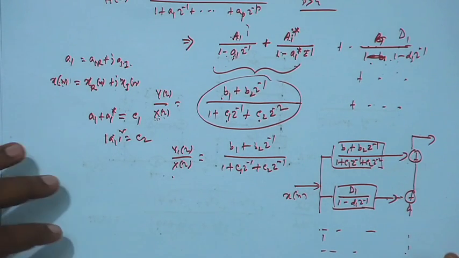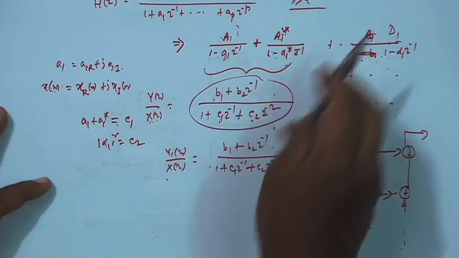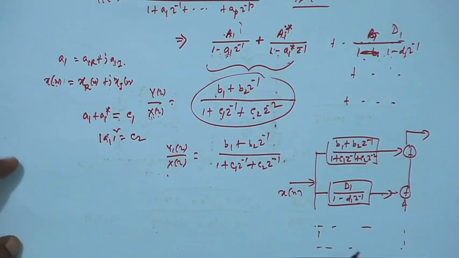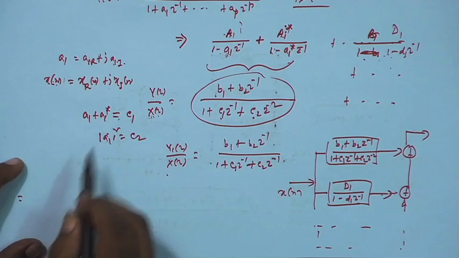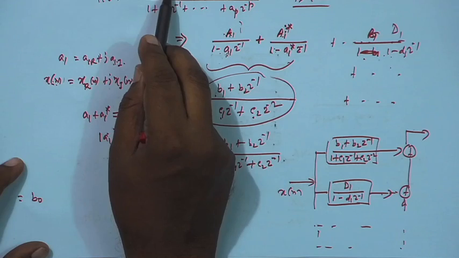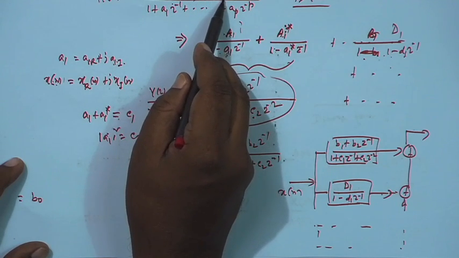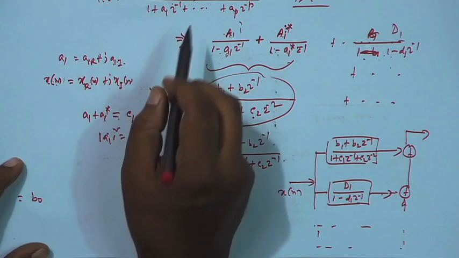Then there can be a cascade form also. Cascade form means instead of going for partial fractions, you go for a product. So, if you take B0 out, 1 plus B1 by B0 Z inverse, B2 by B0 Z inverse 2, up to BQ by B0 Z inverse Q, and factorize it.